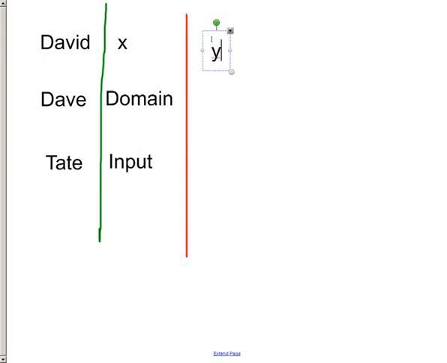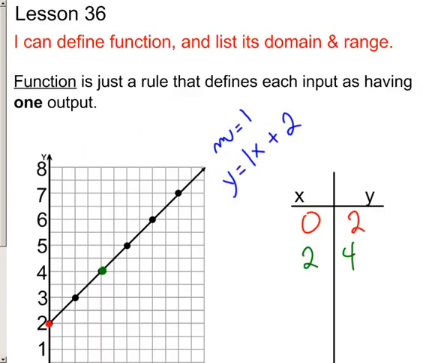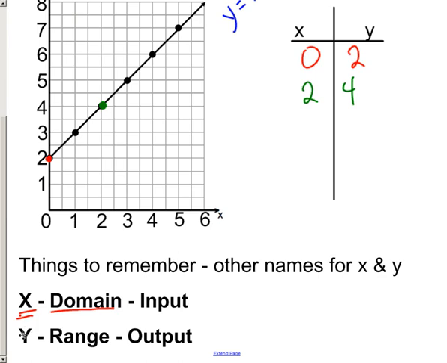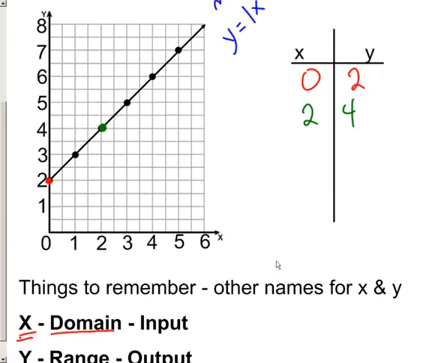Same thing's happening for Y, okay? Another name for the Y values would be the range. What's the range? Well, you list its Y values. And then the last one is output, and we will talk about what's happening there. So this little note down here: when you see X, it's the same thing as domain, and it's also the same thing as input.